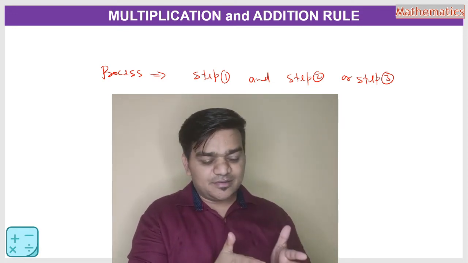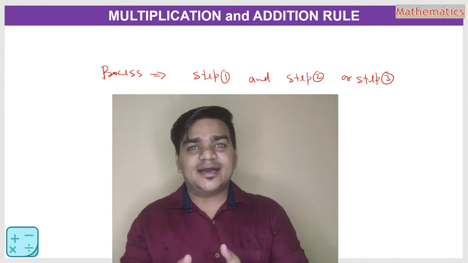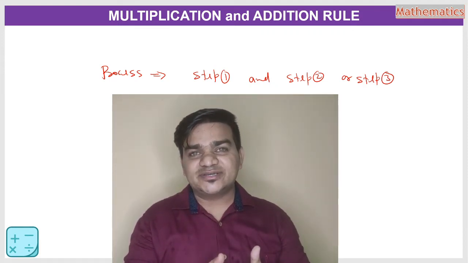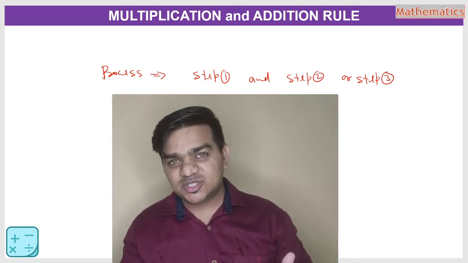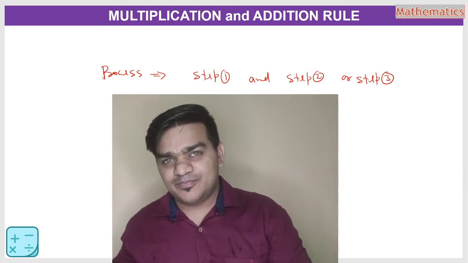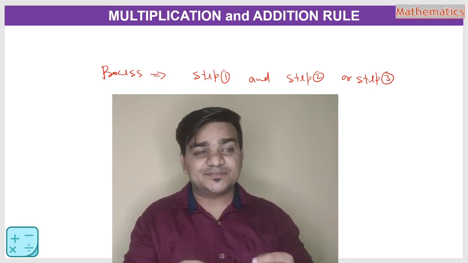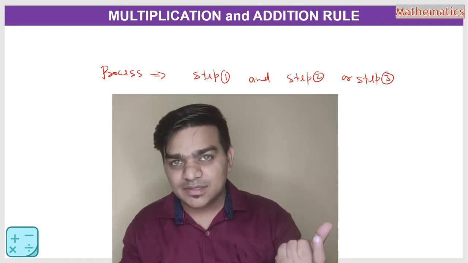I'll pick an auto or cab, I'll go to the station, then from the railway station I'll take the train, and then I'll go to Kota station, then I'll take an auto and go to my coaching institute or room. It means this process has small steps, and between these steps we have the word "and".